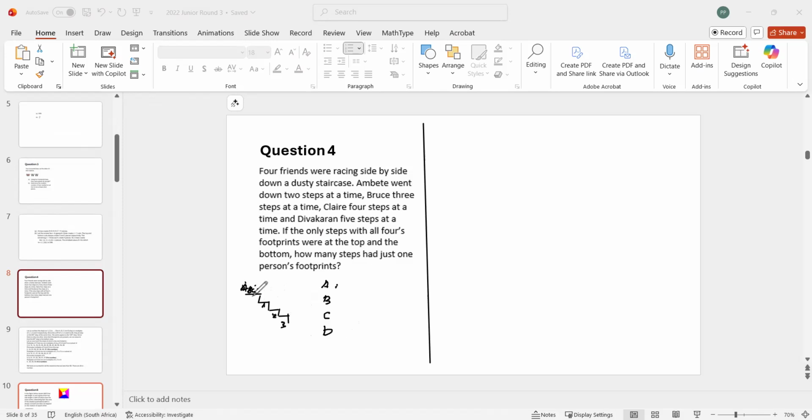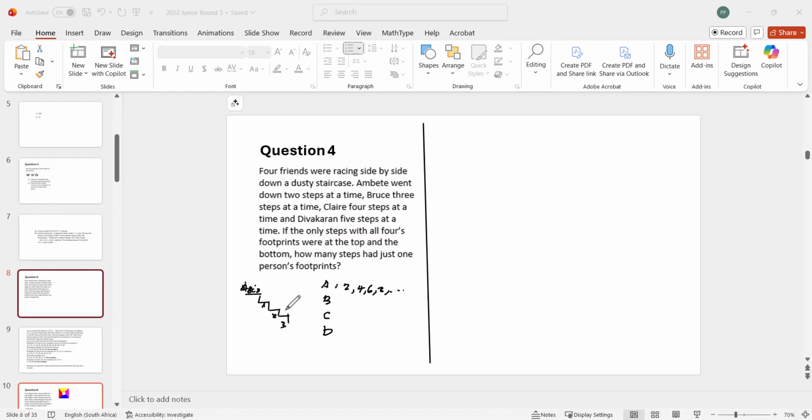So this guy, Amit, he jumps 2 steps, so he lands at 2. He jumps 2 at a time, so he lands at 4, 6, 8, and so on.